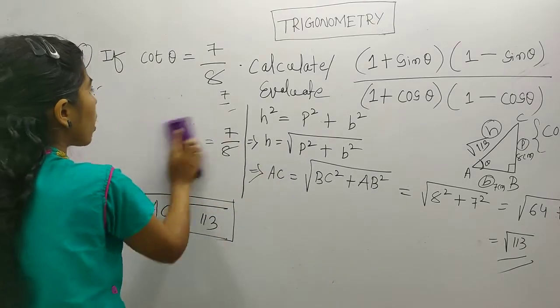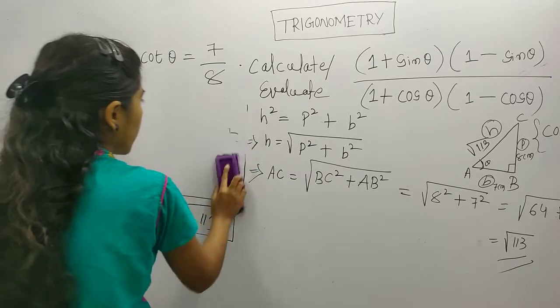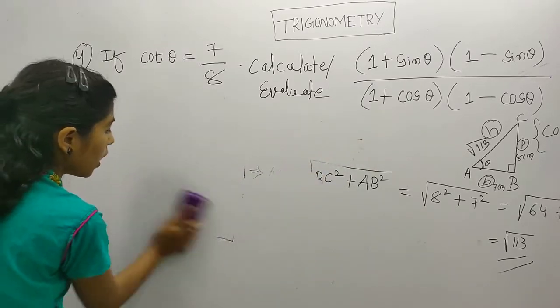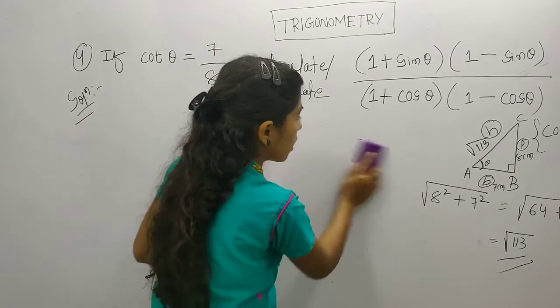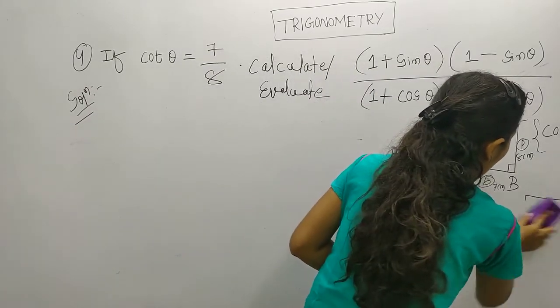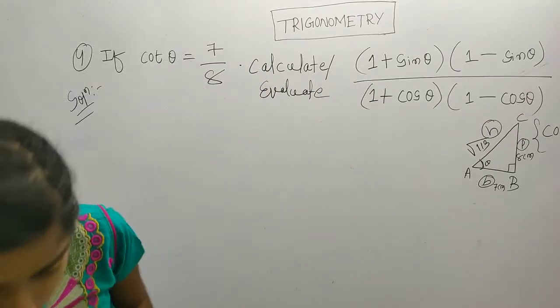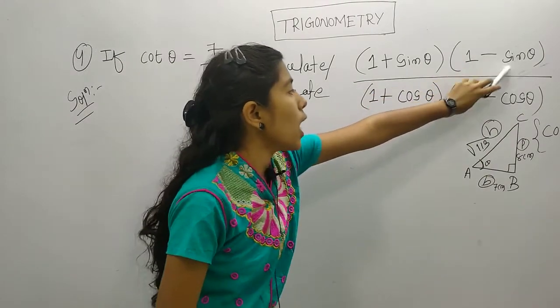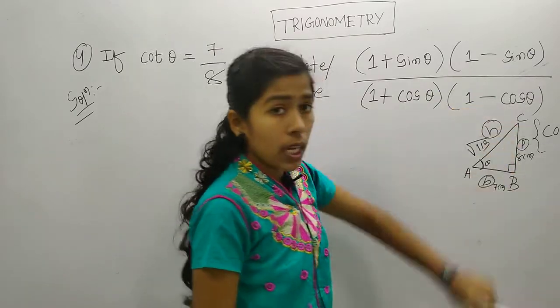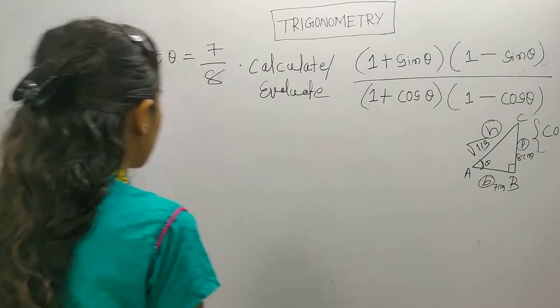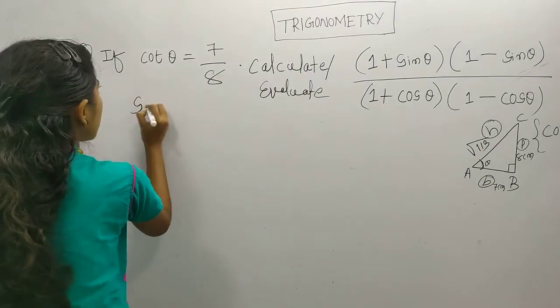Next, what do we have to find now? Let's see. See, in the question it's given sin theta and cos theta, right? The question is based on sin theta and cos theta. That means we have to know the values of sin theta and cos theta.